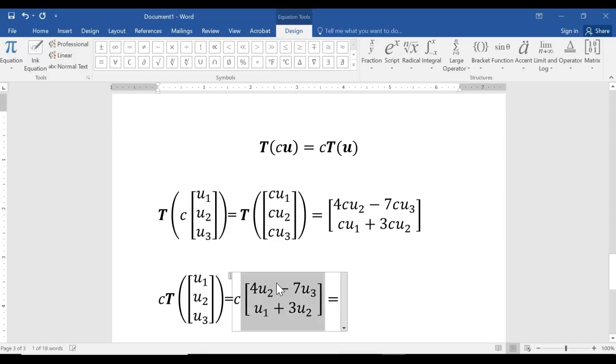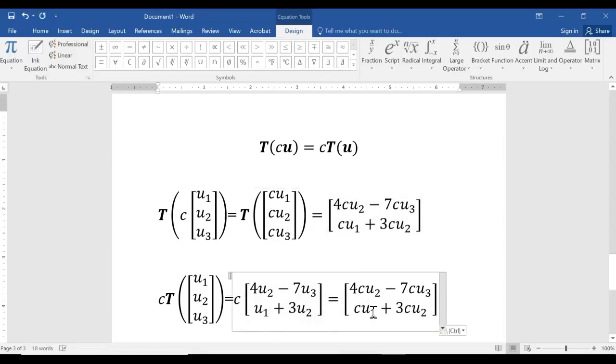All right, so transformation first. Well, when you take that transformation and you multiply it times c, hopefully it's pretty obvious that you distribute c into this. You'd go 4cu2 minus 7cu3. Distribute c into this one. You'd get cu1 plus 3cu2. And in fact, these give you the same things.